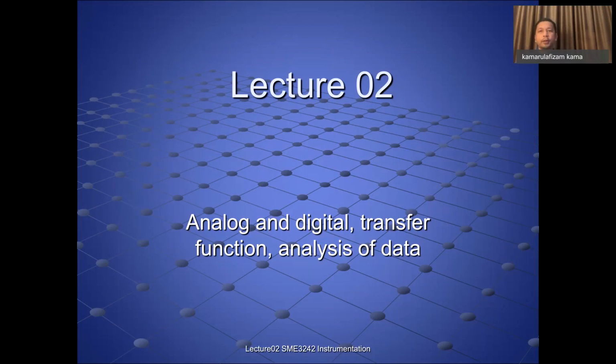The first part is the theoretical, introductory part, where we learn the basics of system of instrumentation and its basic building blocks. We learn about analog and digital transfer function, how to analyze the data you receive from the system of instrumentation, and later how to quantify the data, see the system performance, and calculate the system error.